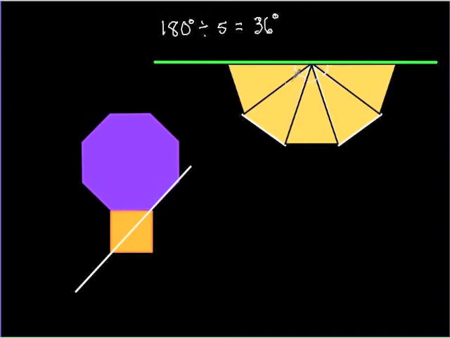How could we use that to help us figure out what these angles would be? We know that in a triangle there are 180 degrees minus the 36 degrees in this angle.